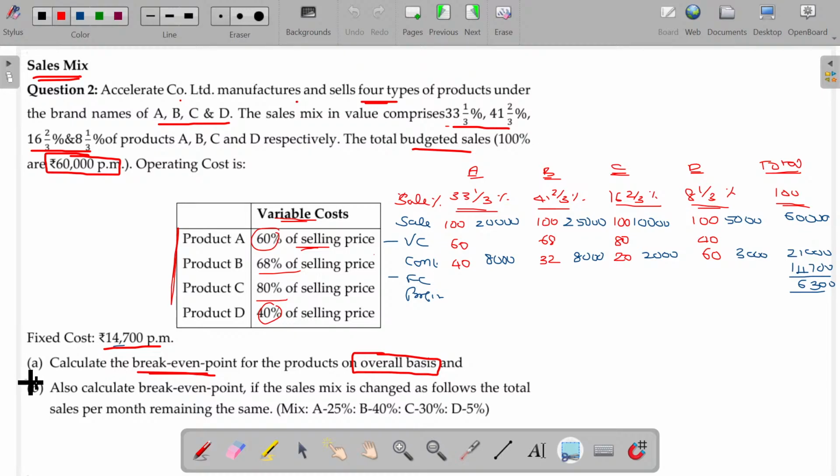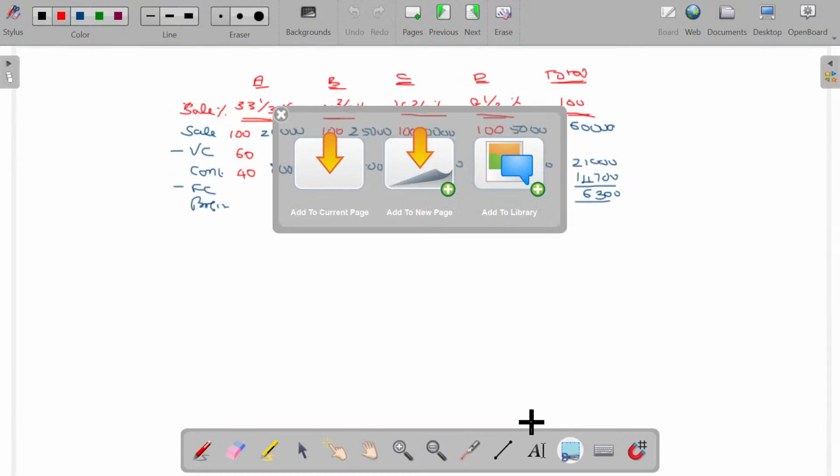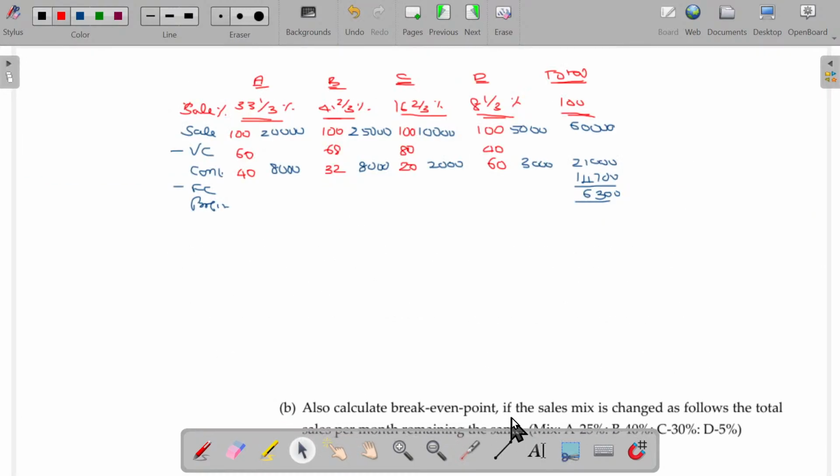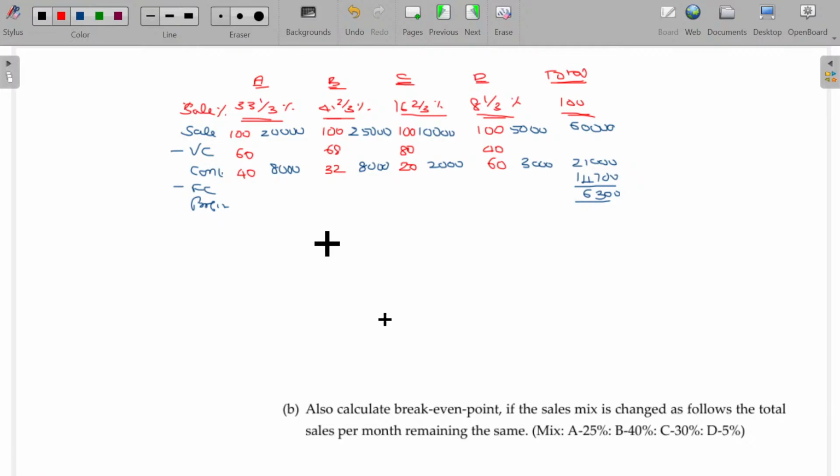Second question B. Also calculate break-even point if sales mix is changed as follows. The total sales per month maintaining the same 60,000, but mix is totally different. Let's see here now.